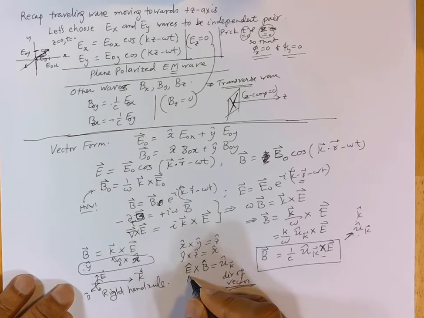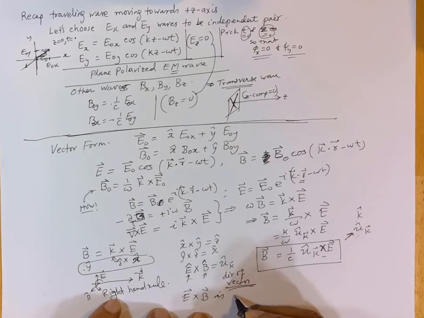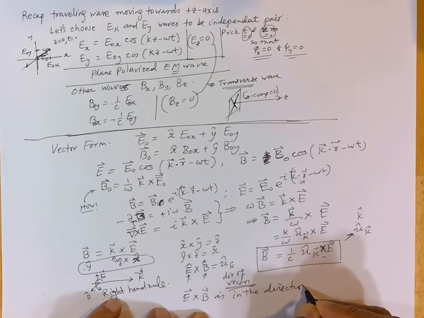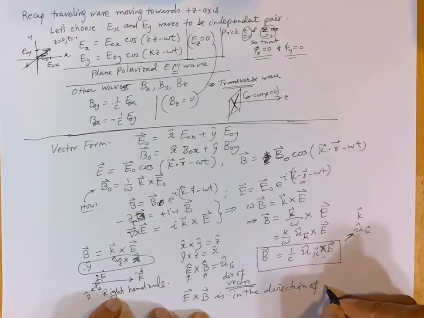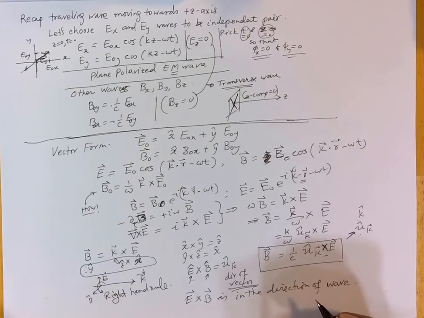These are unit vectors along the electric field and along the magnetic field. So you can see that E cross B vector is in the direction of wave or wave flow.